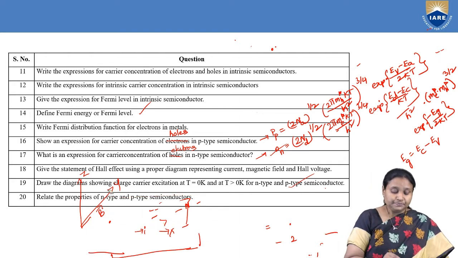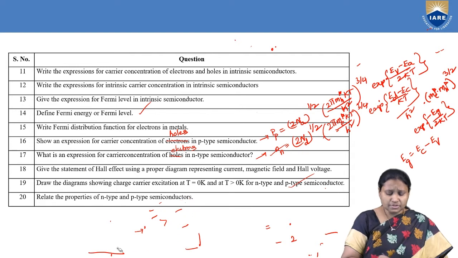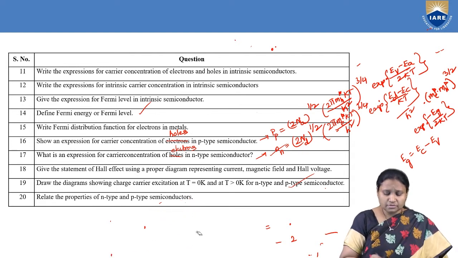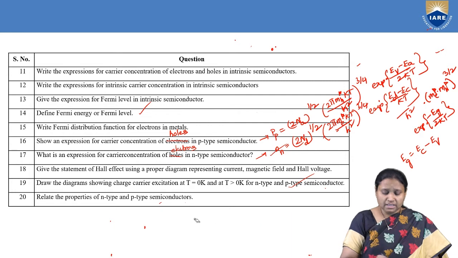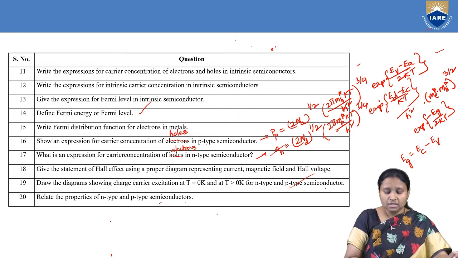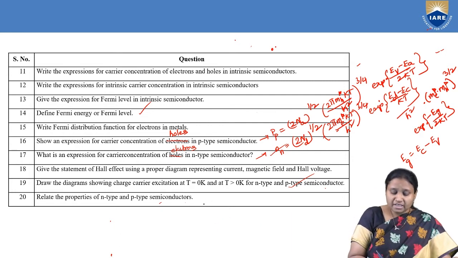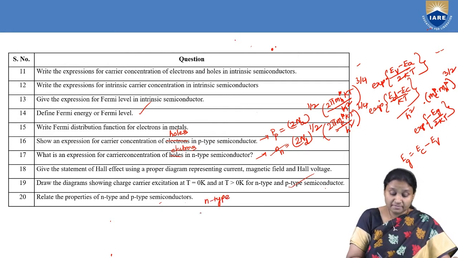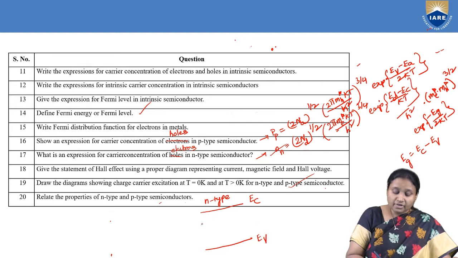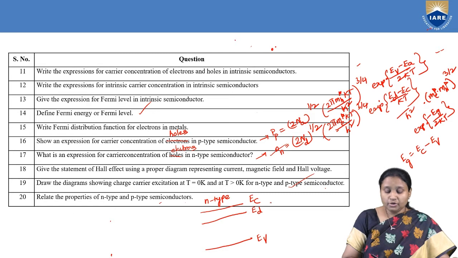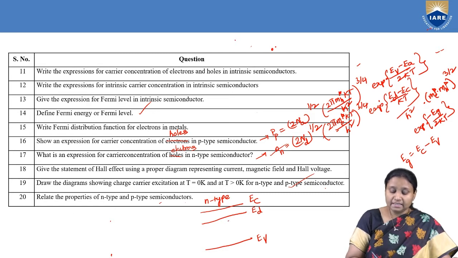So we know that at T equal to 0 kelvins, suppose we consider an N-type semiconductor and take its energy band diagram, we'll observe that, of course, in terms of conduction band and valence band, here we are going to have one more energy level which is the donor energy level.